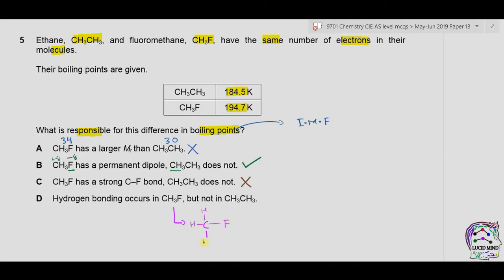So hydrogen bonding cannot take place, as for hydrogen bonding, one of the hydrogen atom must be bonded to either fluorine, oxygen or nitrogen directly. As there is no direct bond between fluorine and hydrogen, so therefore there is no hydrogen bonding in CH3F and there is also no hydrogen bonding in CH3CH3. So D is incorrect. Correct answer is therefore B.